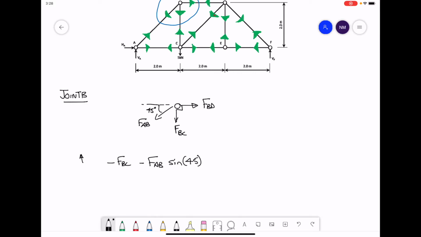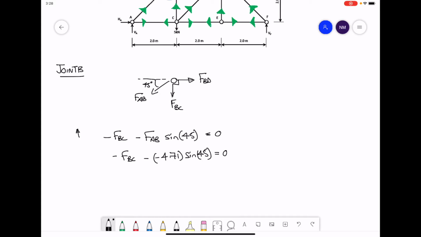For equilibrium, they must add up to give you 0. Minus force BC minus force AB is minus 4.71 times the sine of 45 degrees.